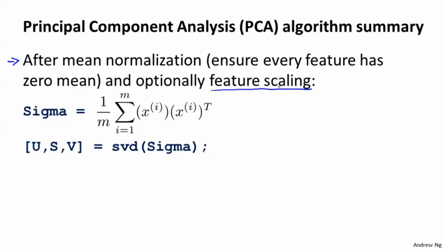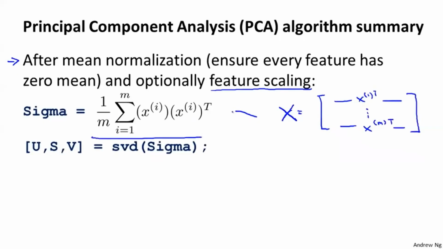we compute the covariance matrix sigma, like so. And by the way, if you have a matrix capital X, which is your entire training set written in rows, x1 transpose down to xm transpose, this covariance matrix sigma actually has a nice vectorized implementation that you can implement in Octave.